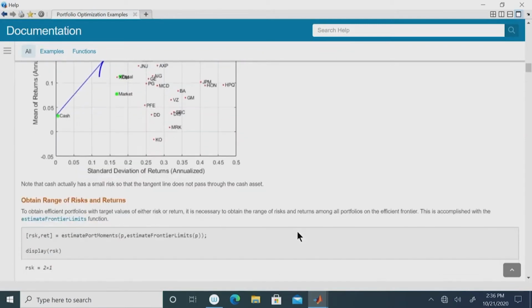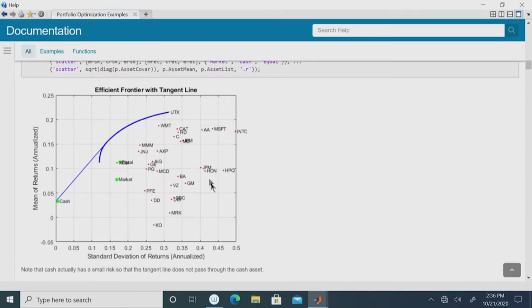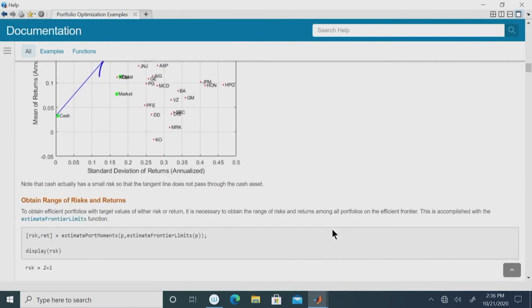Now that we have set up this mu sigma diagram for each of the individual assets along with these three assets, we have the efficient frontier as well as the tangent portfolio. We now want to obtain efficient portfolios with a pre-specified value of either risk or return.